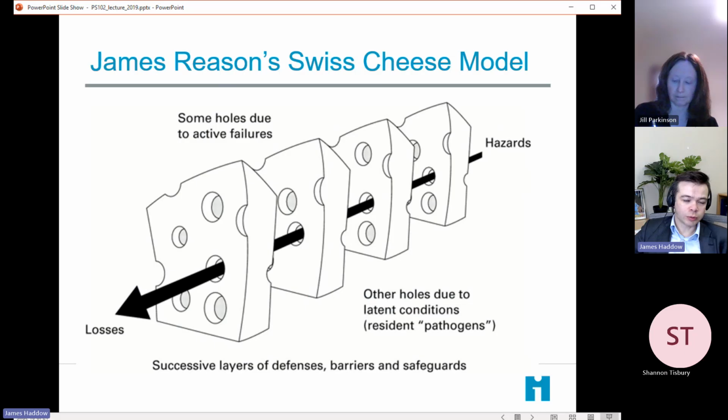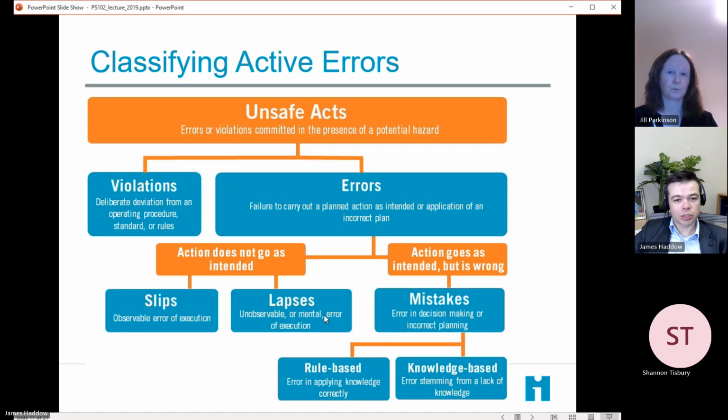So in a Swiss cheese model, if not all the holes line up, then what you have is a series of errors which do not lead to harm because one line of defense has worked. And those are the opportunities to say, okay, how can we fill in the holes in the other areas, the gaps that it did get through? Of course, if the holes all line up, then the patient falls through. So we're really focusing at the moment on errors here.